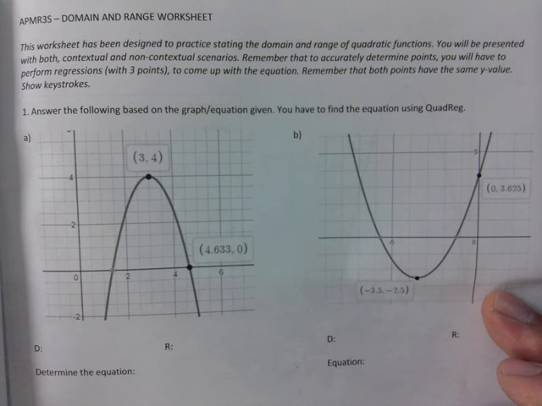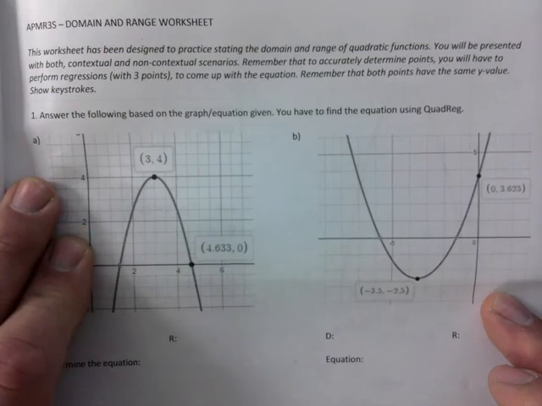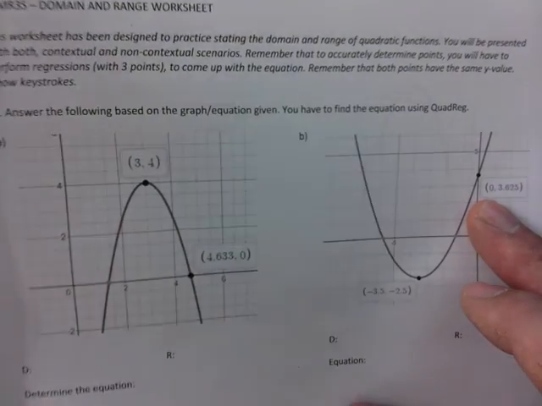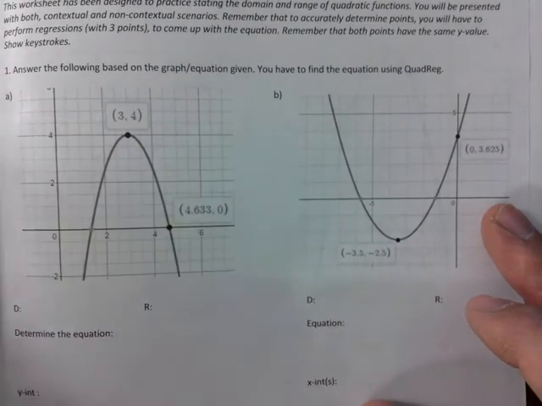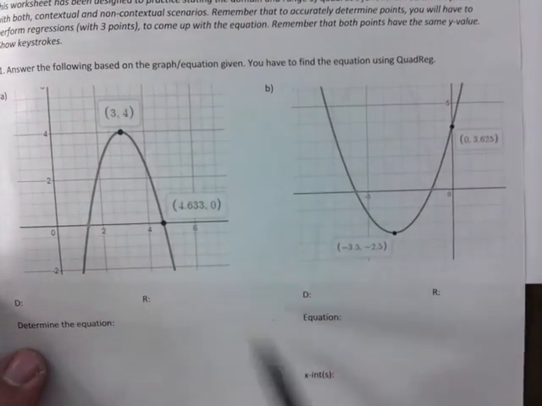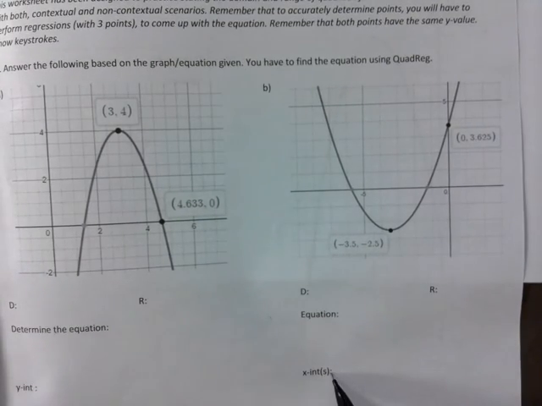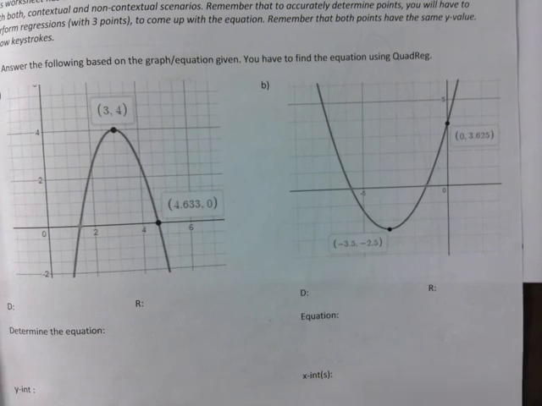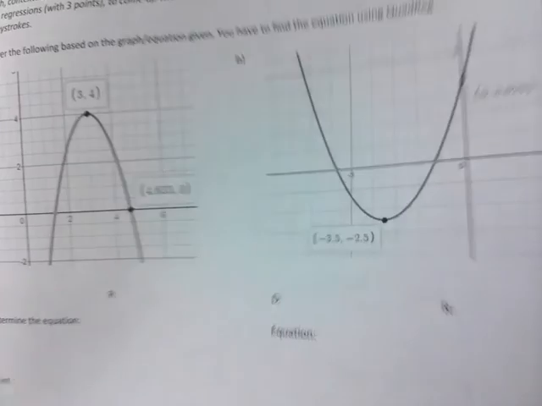Because I added mine manually, my page numbers. You see that? You see that this is basically the same thing, right? A bunch of graphs, determine the equation, determine the y-intercepts, the x-intercepts. Just practicing using your calculator, okay?